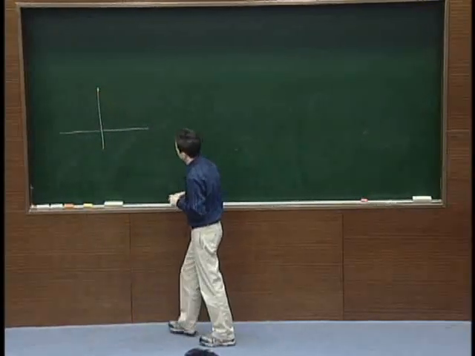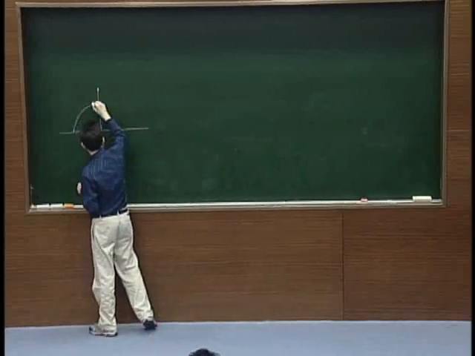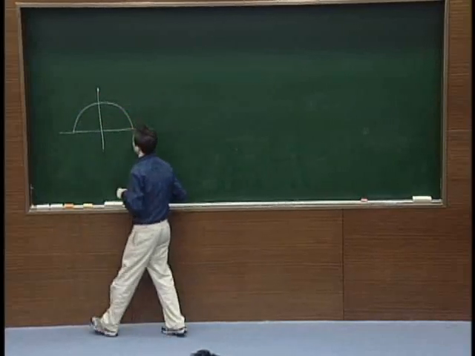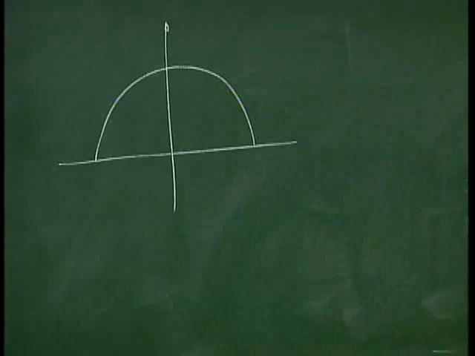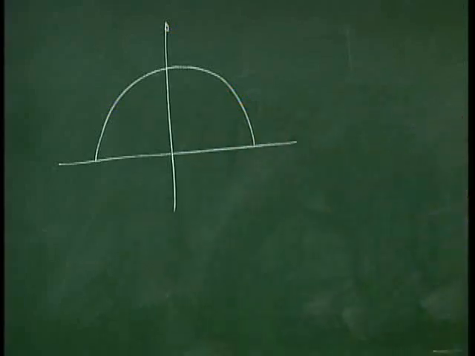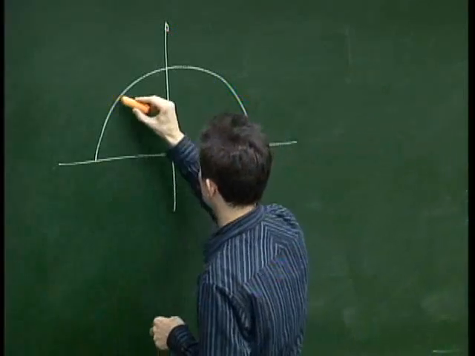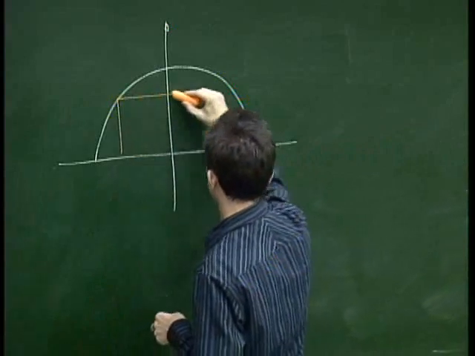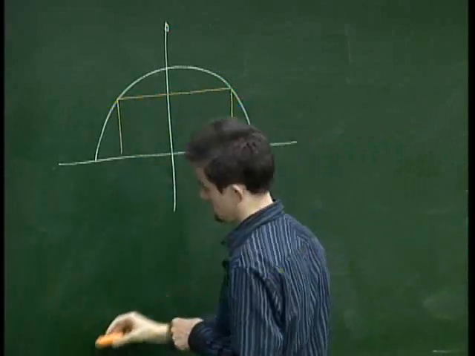So we have our semicircle, and we place the semicircle such that the center is in the origin of the coordinate system. And then our question becomes, find the rectangle like this.